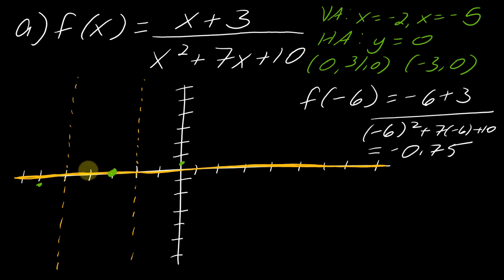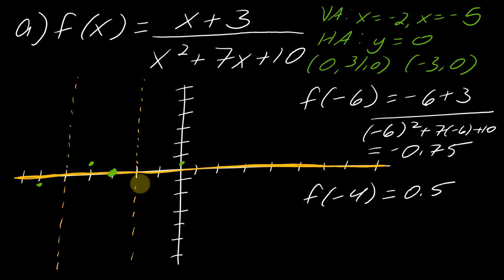So an easy point to get here would be -4. So this is f of -4. If I plug that into the function, I get +1/2. So -4, +1/2. I'll just put that somewhere there.